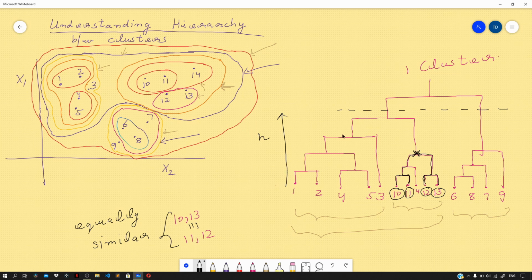If we cut the dendrogram at this height, so here we get two clusters. And if we cut the dendrogram at this height, we get this cluster and this cluster and this one as well. So three clusters we get if we cut at this height. So by performing these cuts, we are eliminating these merges that we did. So at different heights, we are able to visualize the clusters that we get, which is really a good thing.